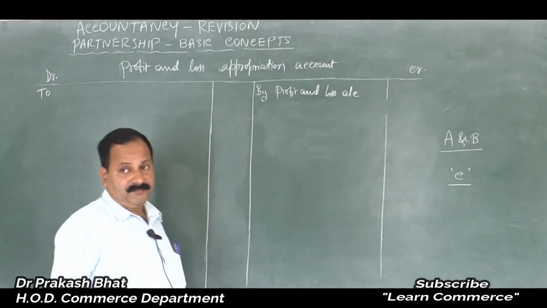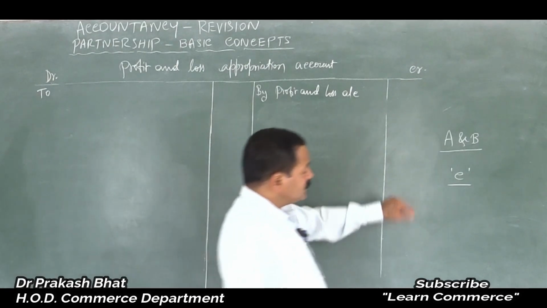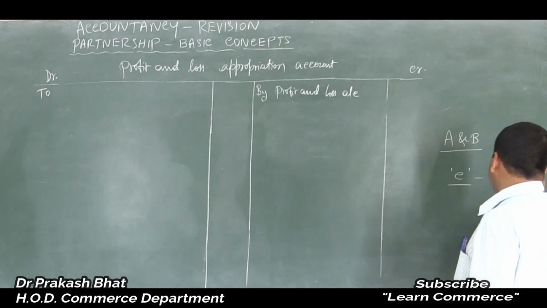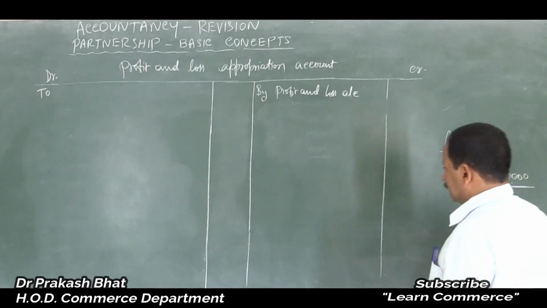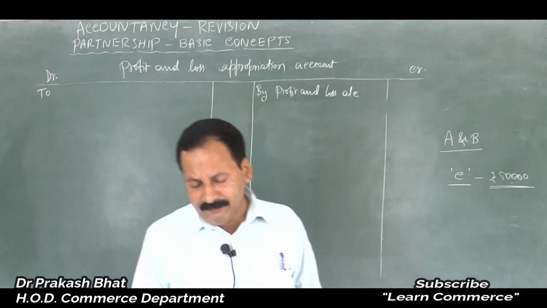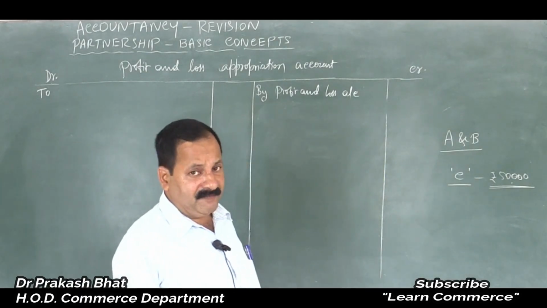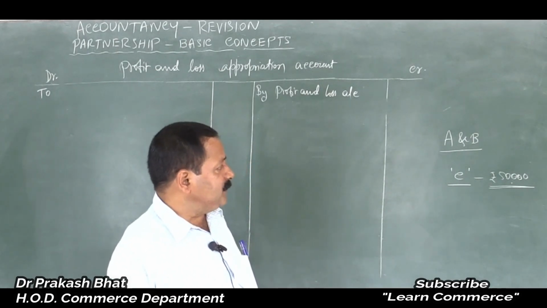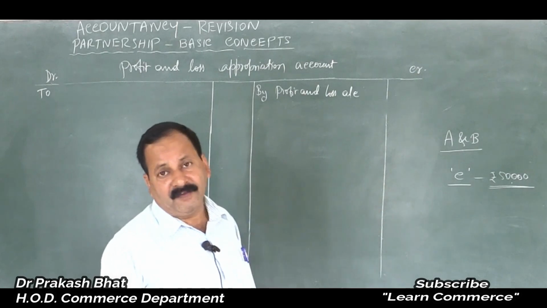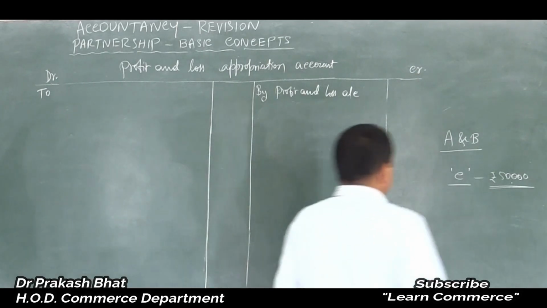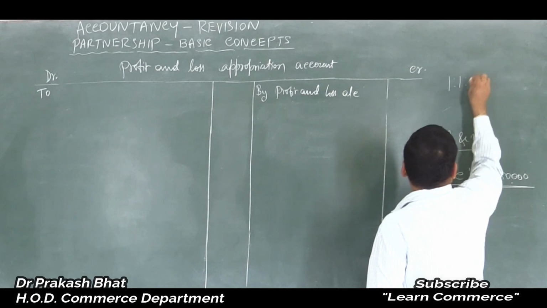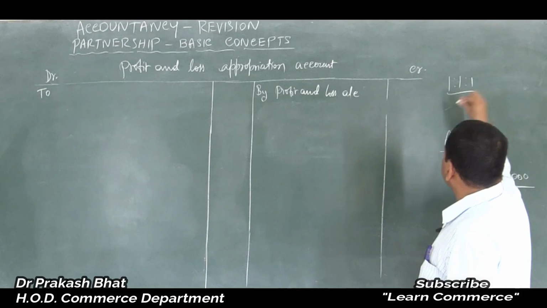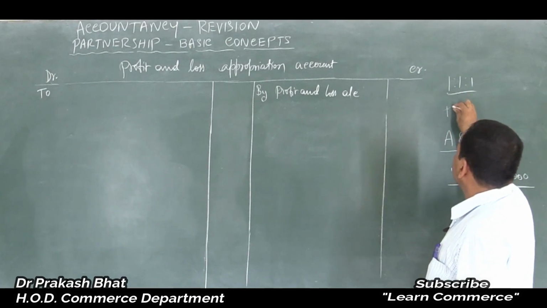And C is guaranteed a particular amount, maybe rupees 50,000. This is the guarantee given by Mr. A and B: you join our firm, we'll make sure that you will get 50,000 minimum. Suppose the profit of the firm is not enough to pay him 50,000. Their profit sharing ratios are equal and the total profit after all adjustments works out to maybe 1,20,000.